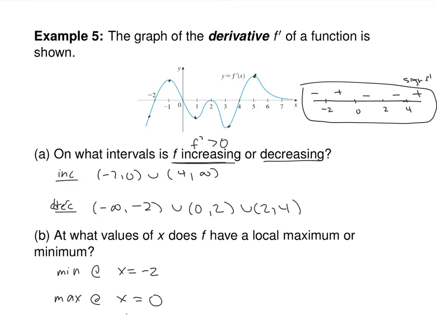How about at 2? Your function is decreasing, levels off, decreases again. That's a neither point. How about 4? Min. At x equals 2, neither. It's going to look like a negative cubic.